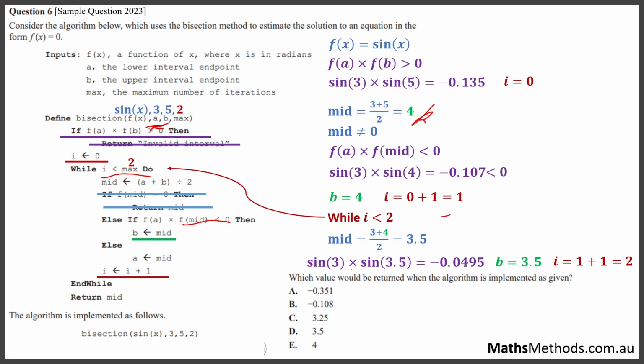And then we add 1, as we do down here, to the previous one, which gives us 2. This is going to be D, because which value would return when the algorithm is implemented as given? Because now we are going, okay, we've reached the max of this, and so we know that it's actually going to be 3.5.